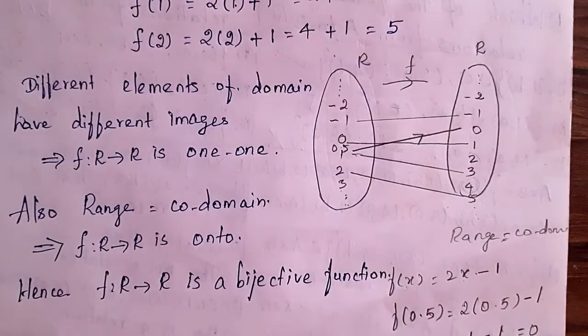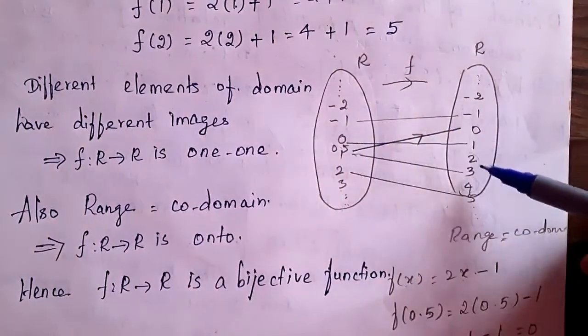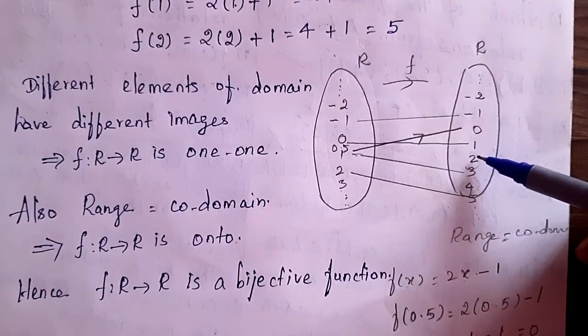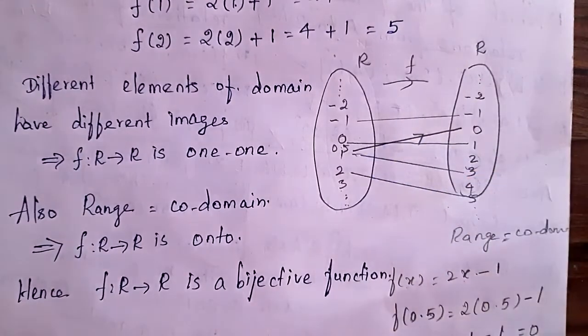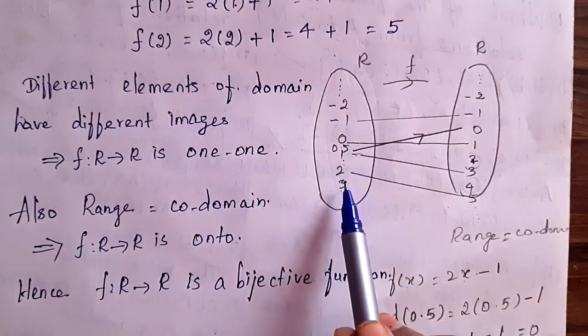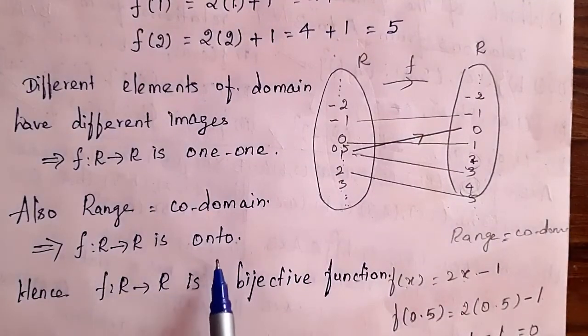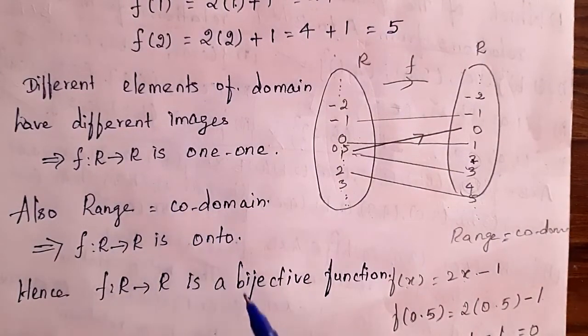Okay, here the only thing is I took only the whole numbers, that is the reason these numbers seem not to have a pre-image, but really all the numbers have a pre-image. When you take the decimal values, definitely all the numbers have a pre-image. Then you can say it is 1-to-1 and onto, then finally we can conclude f from R to R is a bijective function.